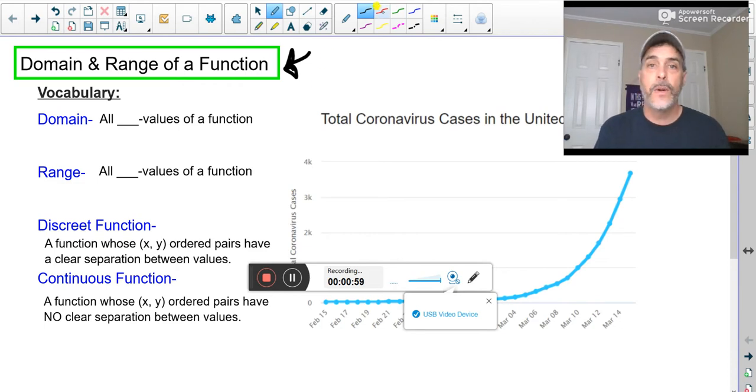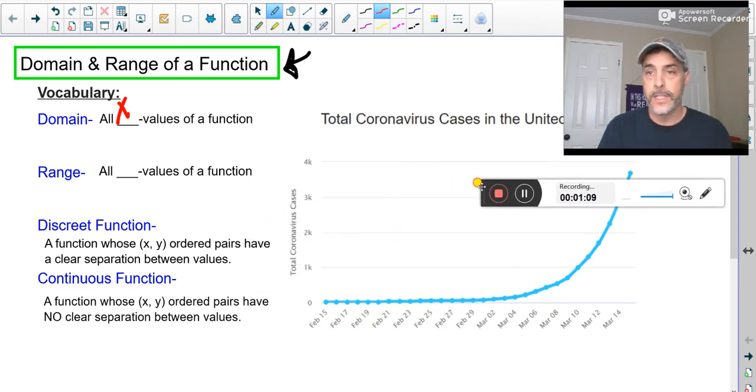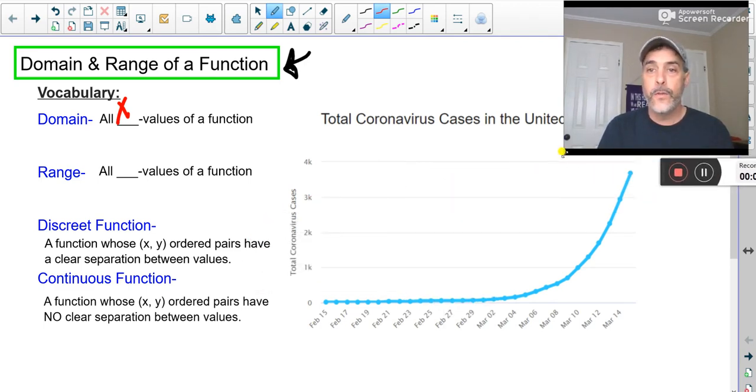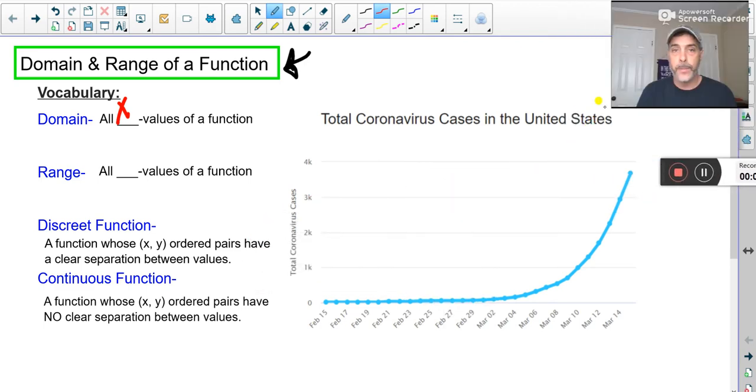All right, let's go ahead and get started. The vocabulary for domain and range of a function are, of course, domain. Domain refers to all x values of a function. So if we look at this function that I have up here, this says total coronavirus cases in the United States. Our x values of this function go from February 15th to March 14th.